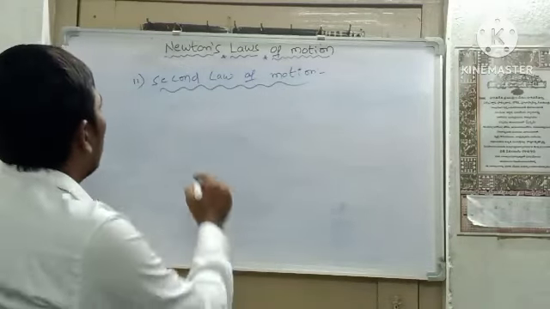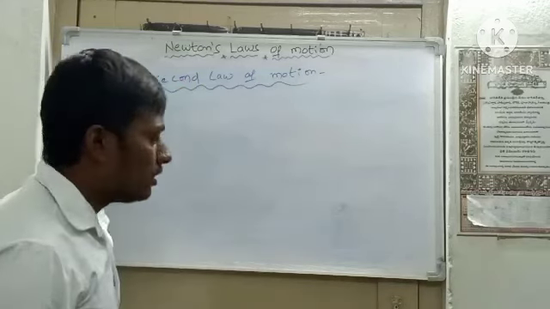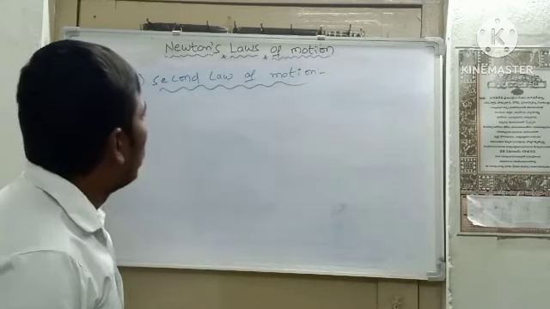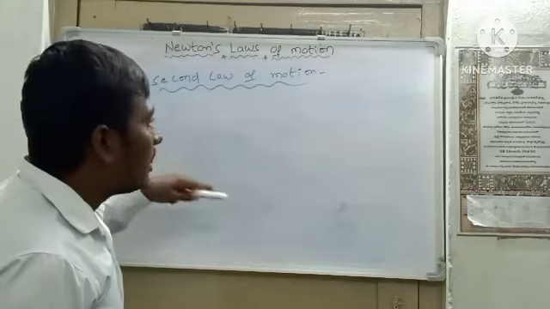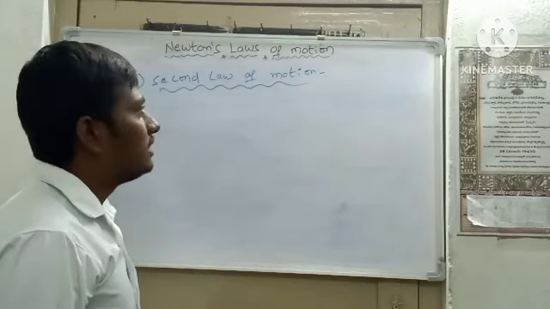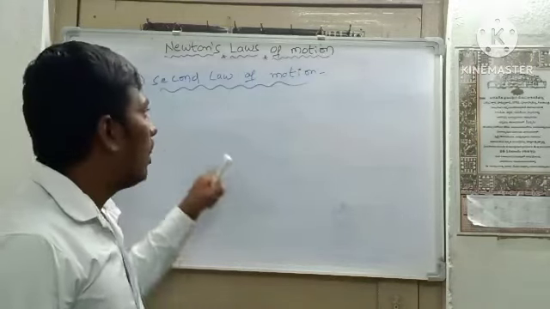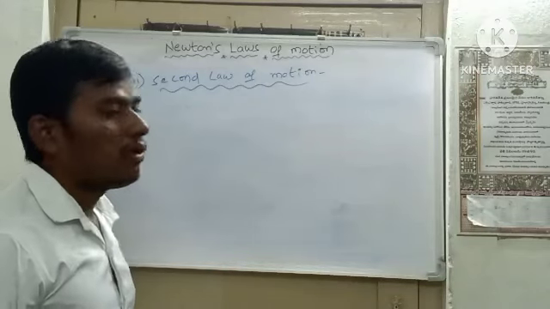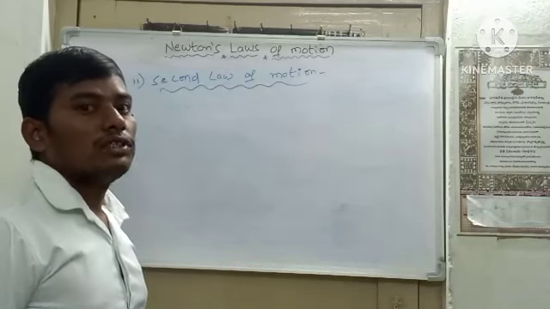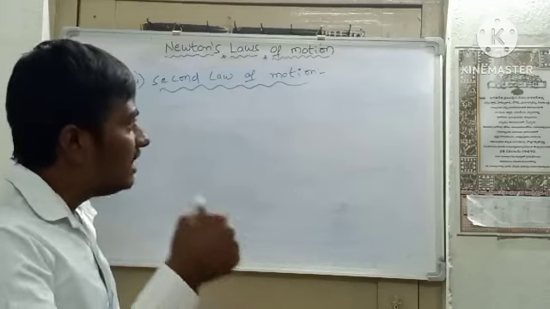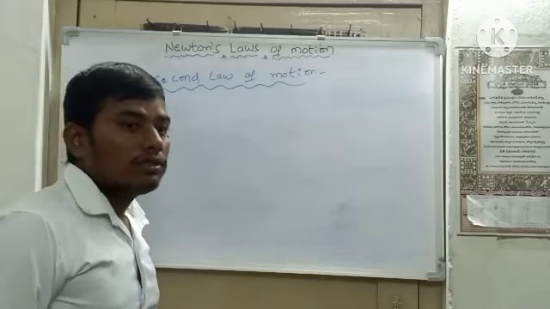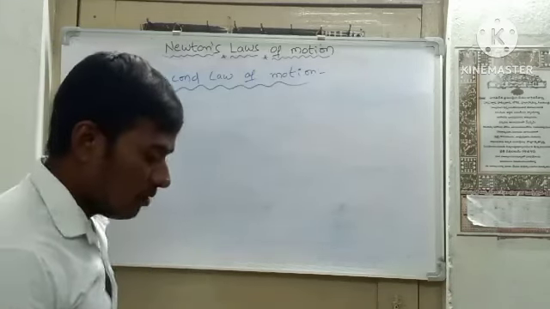What does Newton's second law explain? The acceleration of the particle we measure with respect to the inertial frames is given by the sum of all the forces acting on the particle divided by the mass m of the body.